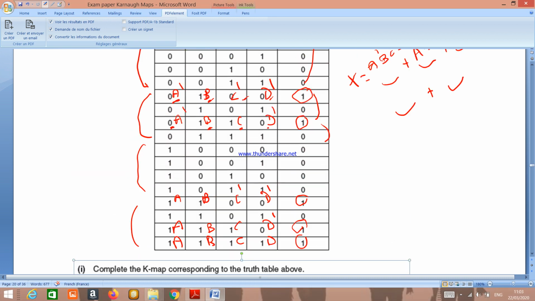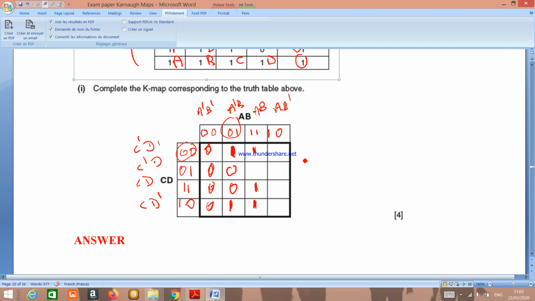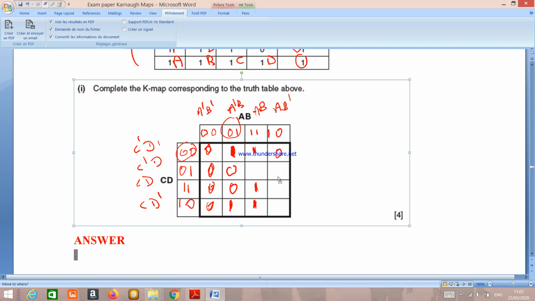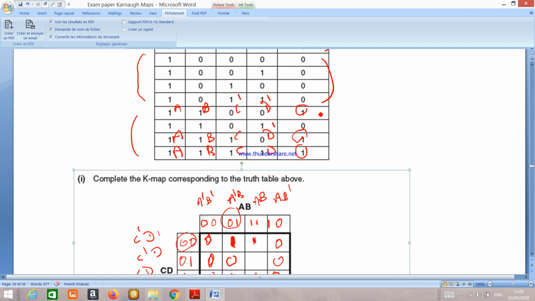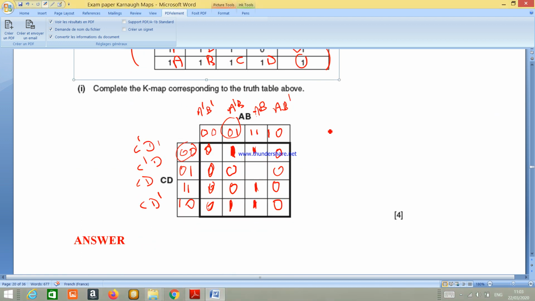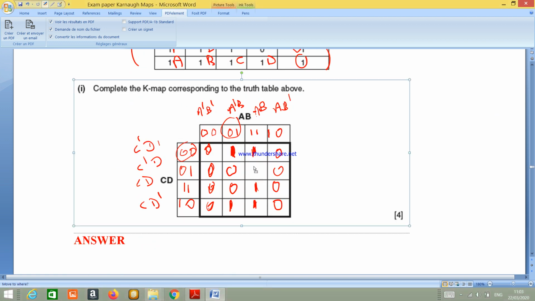And the next term is 4 zeros. Okay, we go for the 4 zeros. 1, 0, 2, 0, 3, 0, and 4, 0. Then comes the last one, 1, 0, and 1, 1. So we go this way: 1, 0, and then 1, and 1.